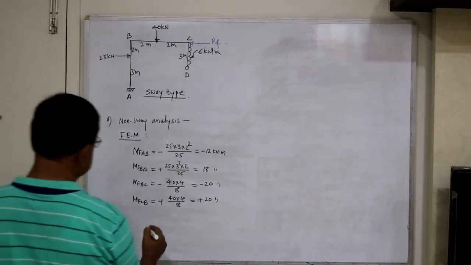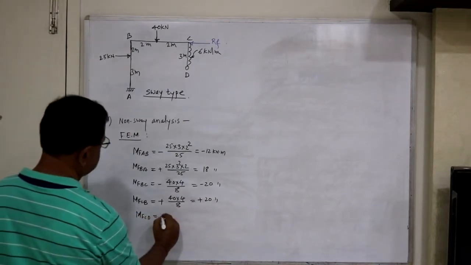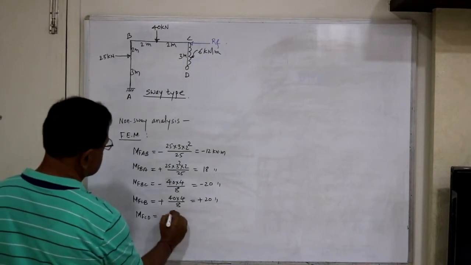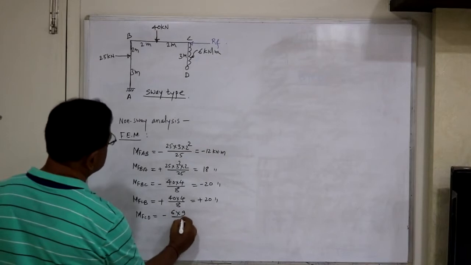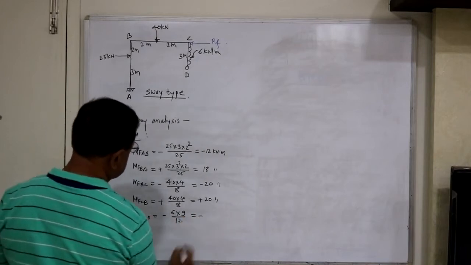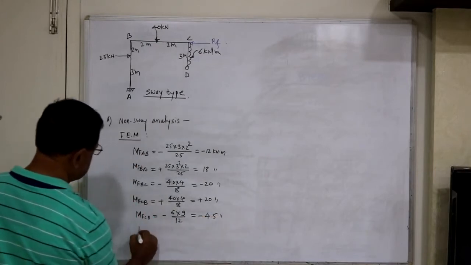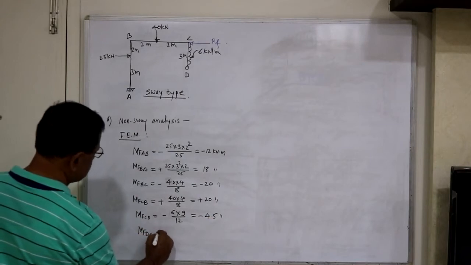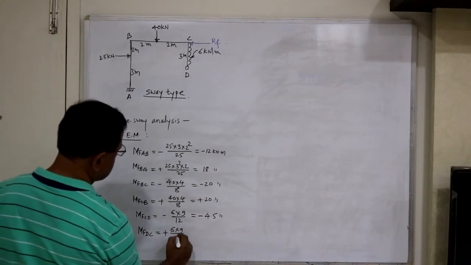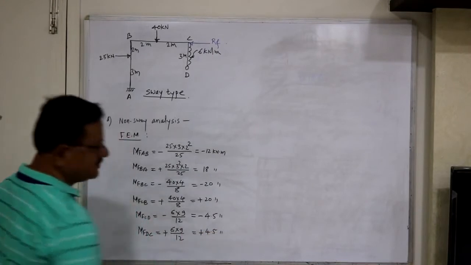Then CD, MF CD equals, this is a UDL, minus WL squared by 12, 6 into 9 divided by 12, so this is minus 4.5 kilonewton meter. Then MF DC equals plus 6 into 9, WL squared by 12, this is plus 4.5 kilonewton meter.